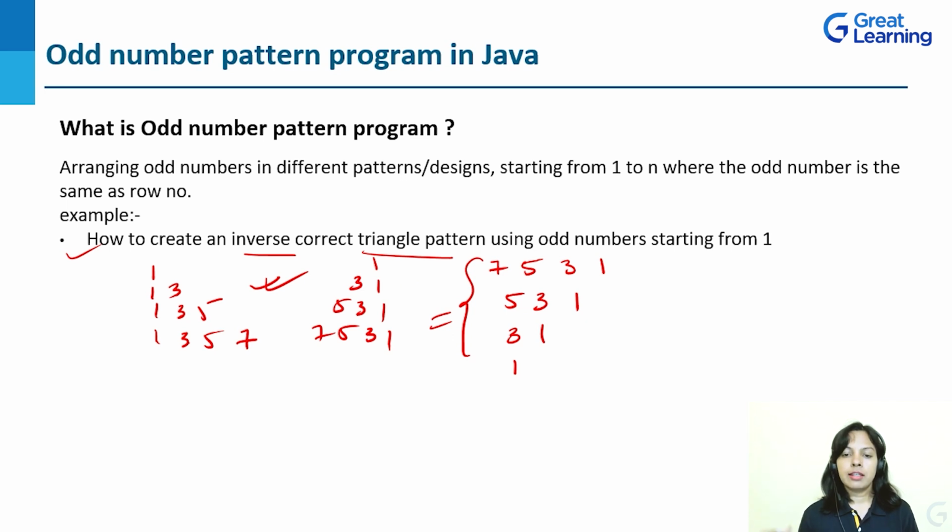This is your inverse triangle pattern using odd numbers. So it is starting from 1, but it is ending at whatever value you want. Like suppose I wanted 4 rows, I have displayed them here, right? So the top 4 odd numbers will be taken into consideration. If I want 5 rows, the top 5 odd numbers will be taken into consideration. Okay. So this was all about what is the odd number pattern program.